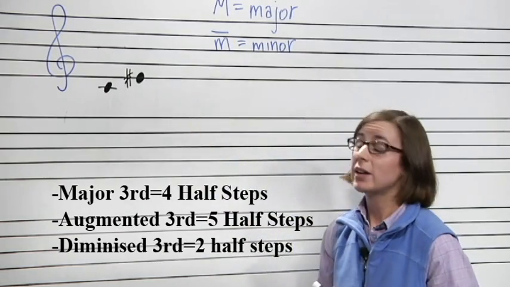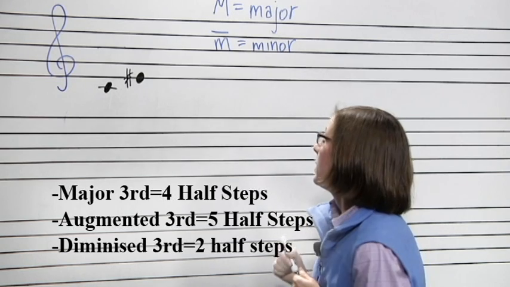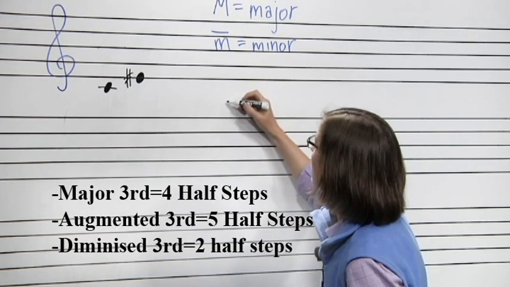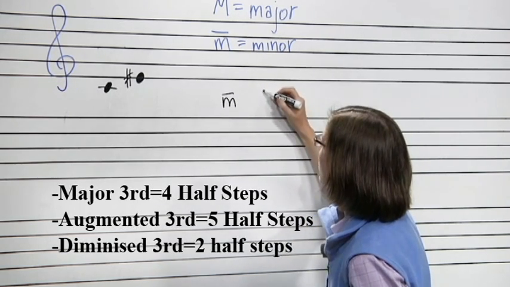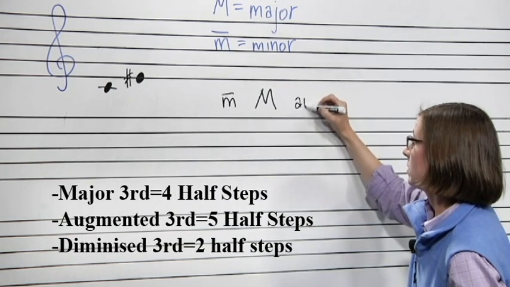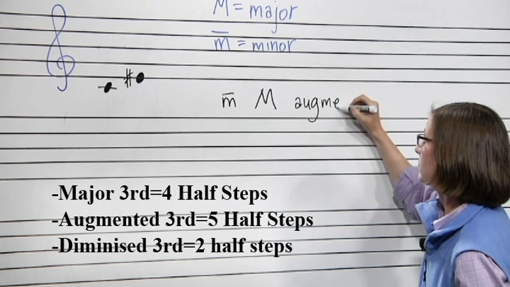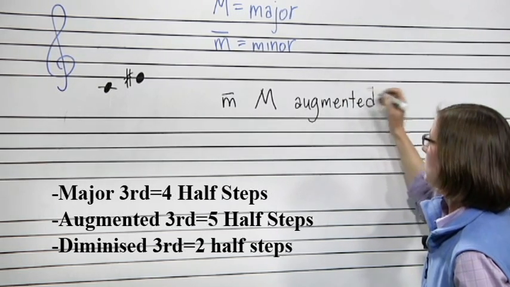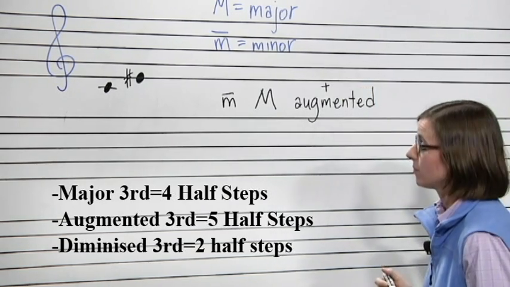If we add the sharp, we're going to get 5 half steps. So this is how this is going to look. We've got minor, we've got major. If we keep getting bigger, augmented. You can abbreviate that with a little plus.